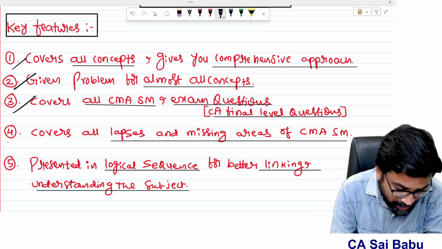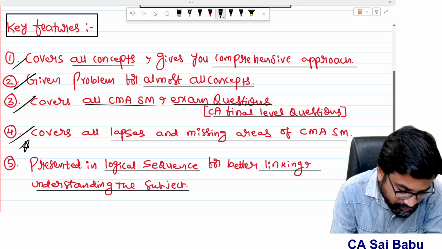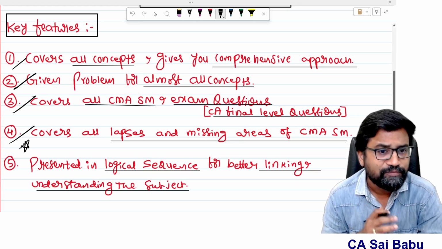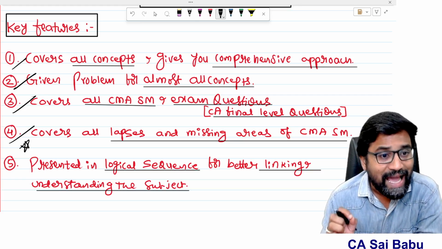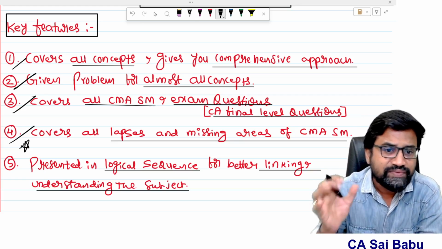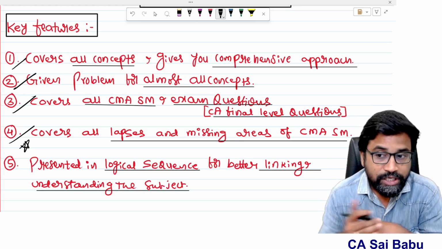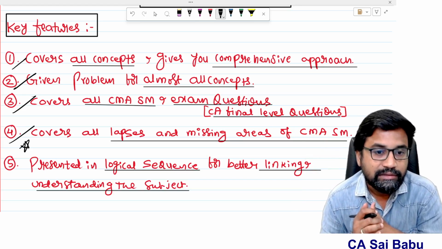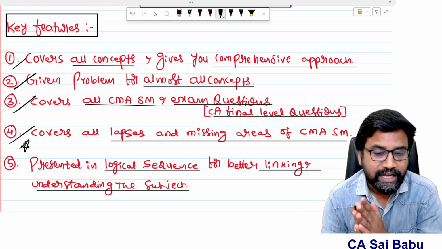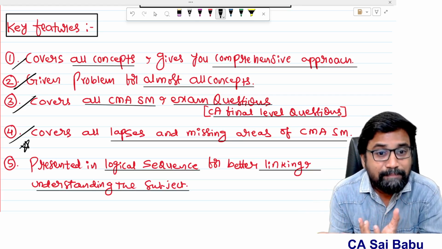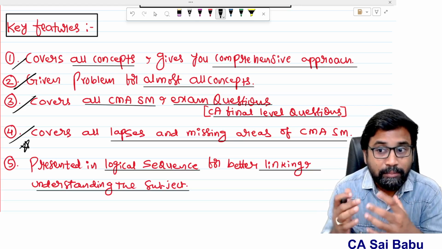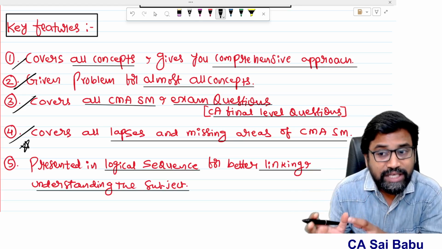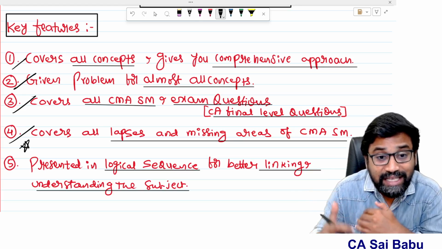And I think the fourth feature, which is a very important feature of this material, is that it covers the lapses and missing areas of the CMA study material. If you see the CMA study material, majority of the time it will not give you the complete concept of that particular standard. Majority of the time the accounting standards or chapters are given in a summarized manner.